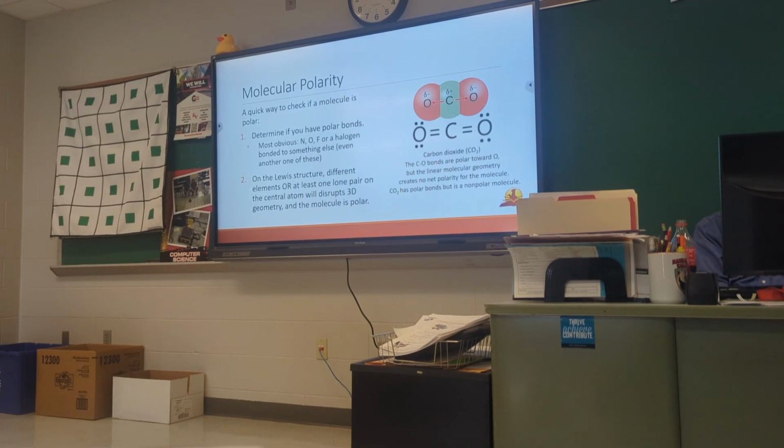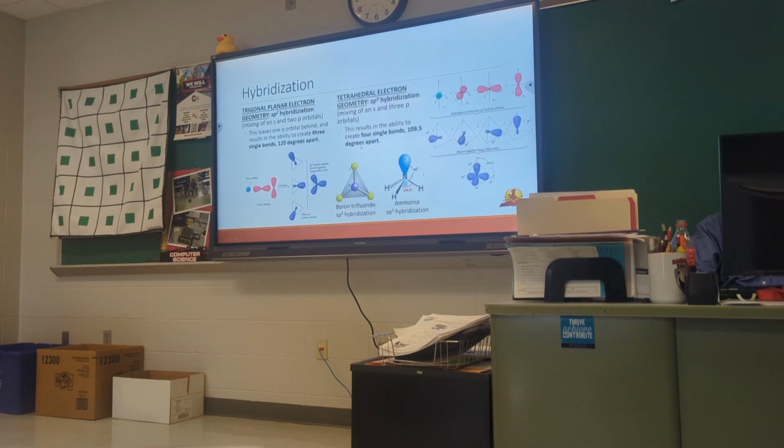Now, you look at that one that's on the screen, and it definitely would appear that that has enough electronegativity going on there that it probably is bent. And if that's the case, then it's polar, because you're going to set up one side positive and the other side negative.